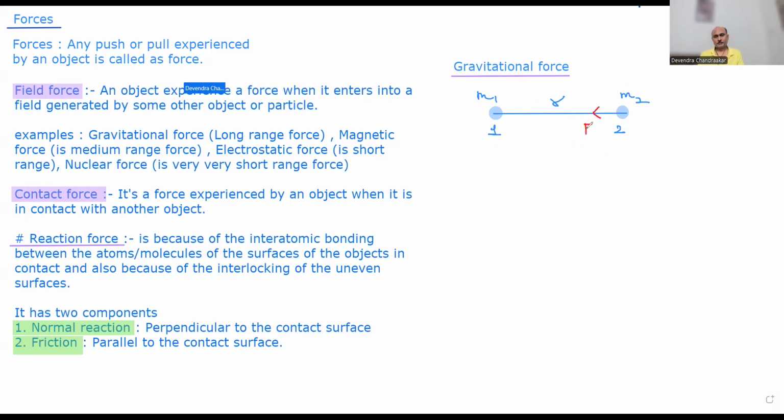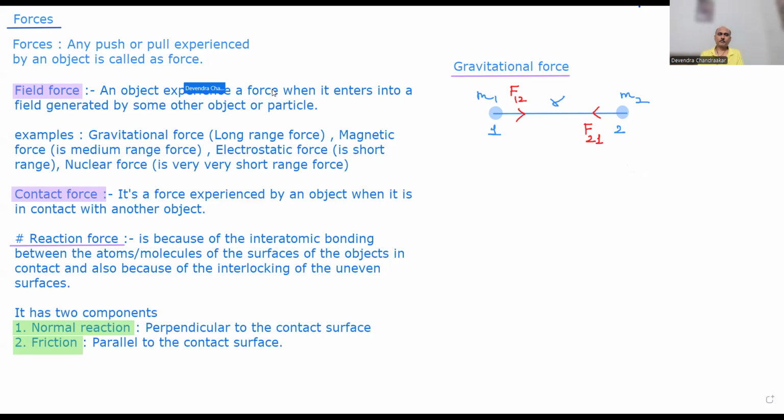This is force F21, force on 2 because of 1. This is force on 1 because of 2.